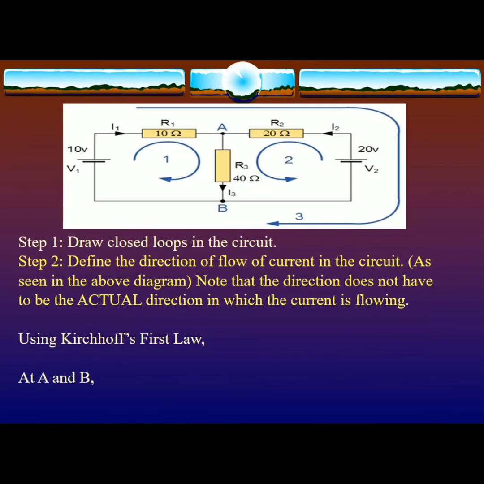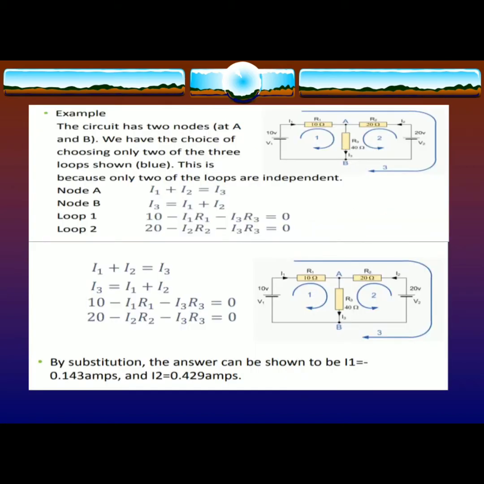Step 1, you draw a closed loop in the circuit. Define the direction of flow of current in the circuit as seen in the above diagram. Note that the direction does not have to be the actual direction in which the current is flowing. Using Kirchhoff's first law, you can see this is the same example.